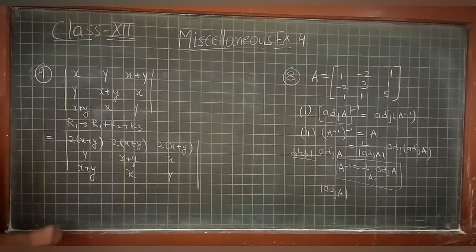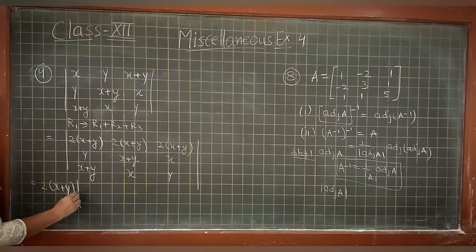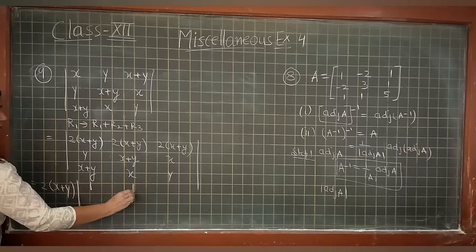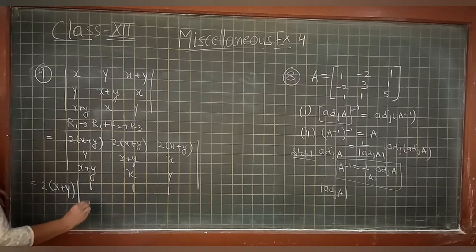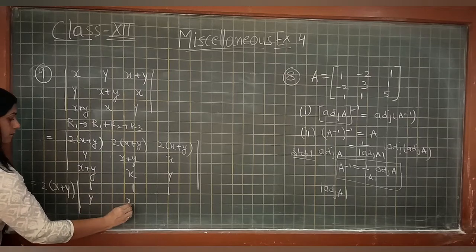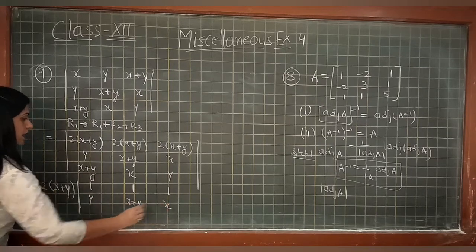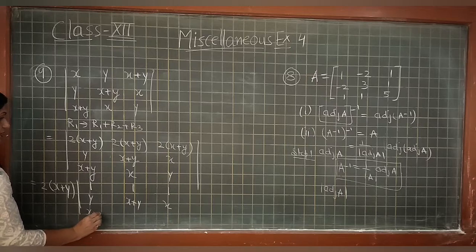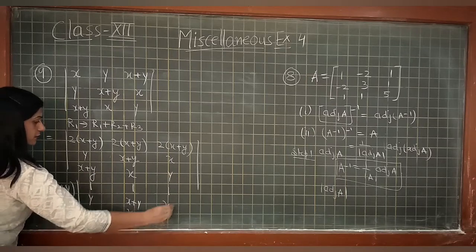Okay, now taking out common this 2 into x plus y, you have 1 and 1. Then here you have y, x plus y, x plus y, x and y.